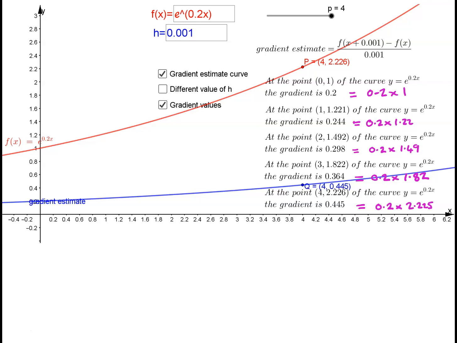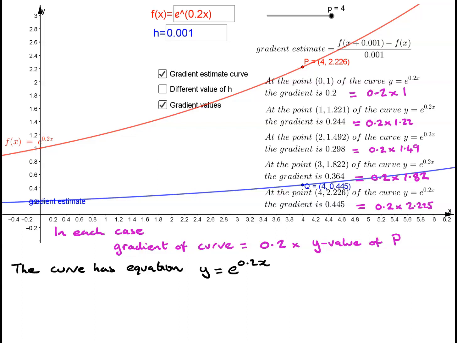In other words, we can see that in each case, the gradient of the curve at a point P is 0.2 times the y value of the point P. We know the curve has equation y equals e to the power of 0.2 times x.